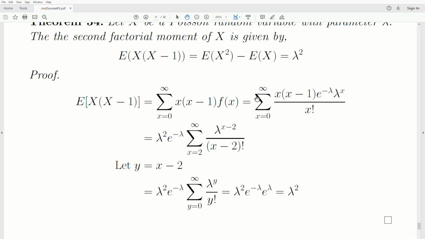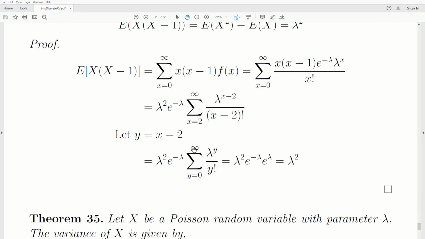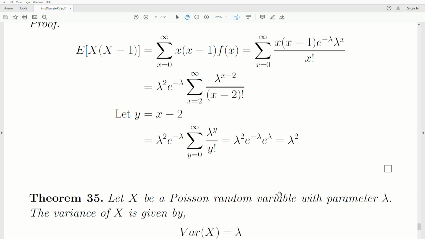We take out the e to the minus lambda, take out lambda squared, and re-index it, y equals x minus 2. This is the Maclaurin series for e to the x, but with lambda replacing x. That's 1 times lambda squared.